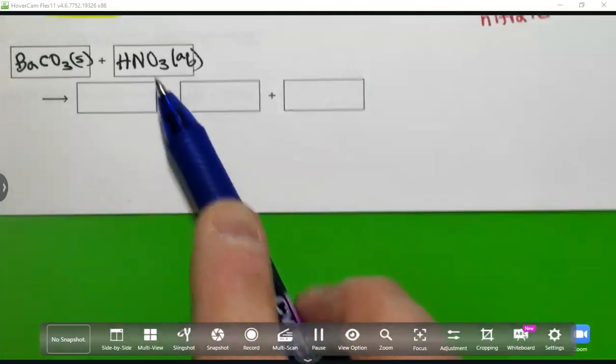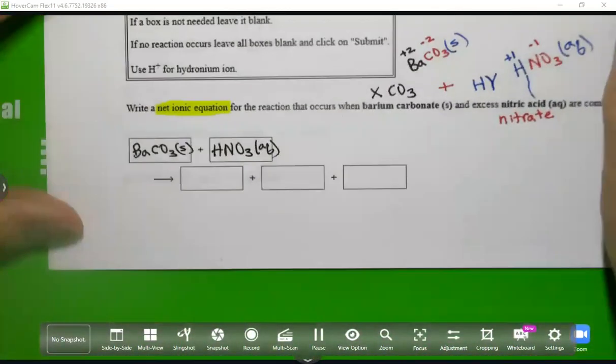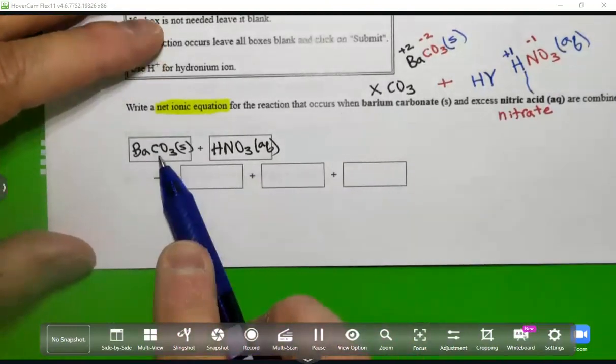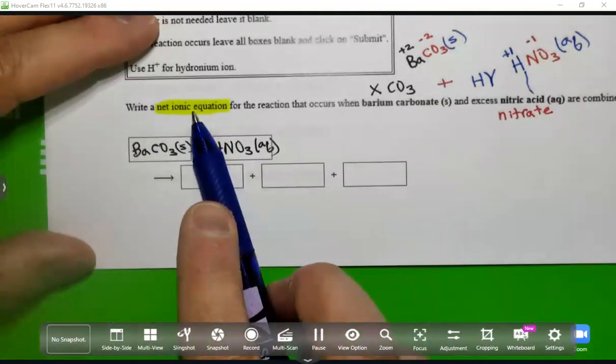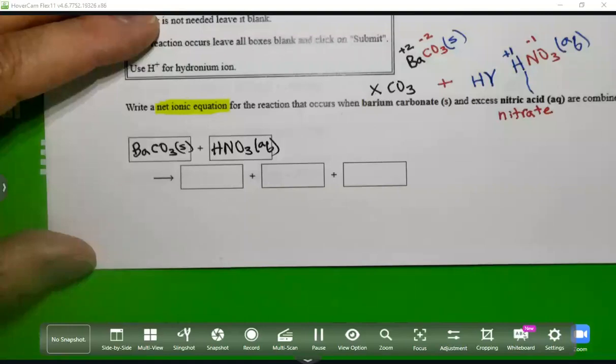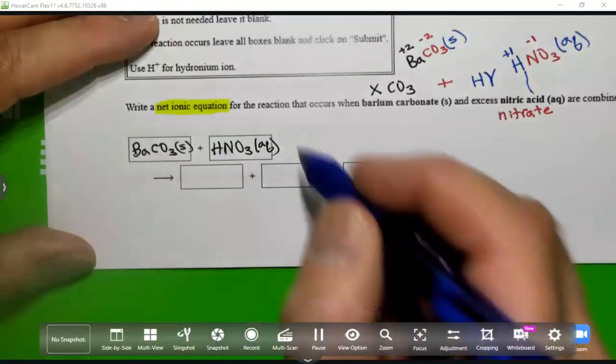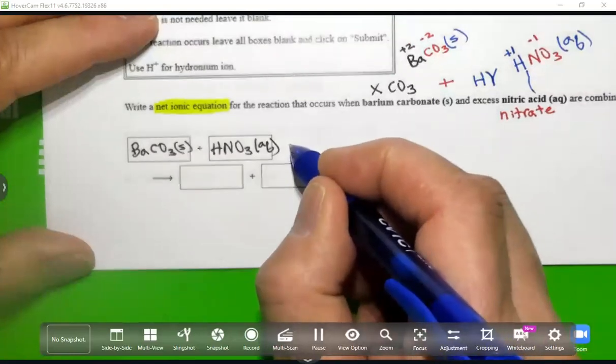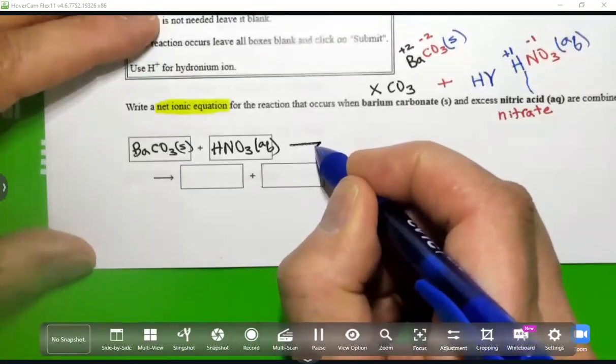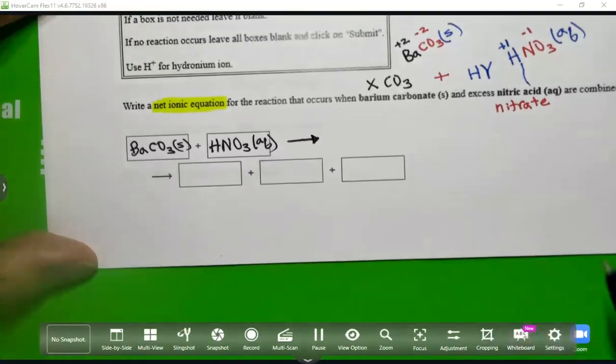So now let's split this up. So this solid states that we need the net ionic. Well, let's finish this off. We can leave it like this and fill in the boxes here. Let's do the complete reaction first. So I'm going to draw an arrow here. This is kind of lined up right.